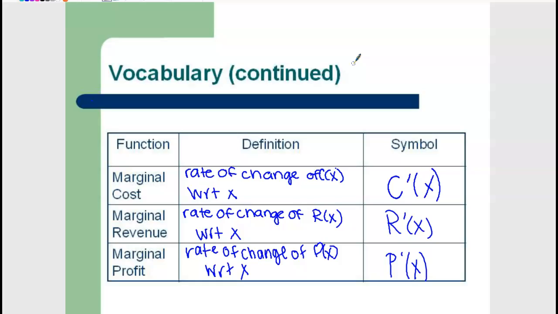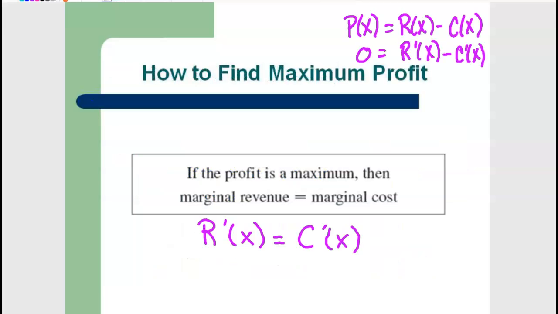So the application of each of these functions is important in the real economic world because we like to look at, okay, what is the rate of change of my cost? This is when prices increase based on demand. So you might notice, let's take for example those Xboxes and PlayStations.